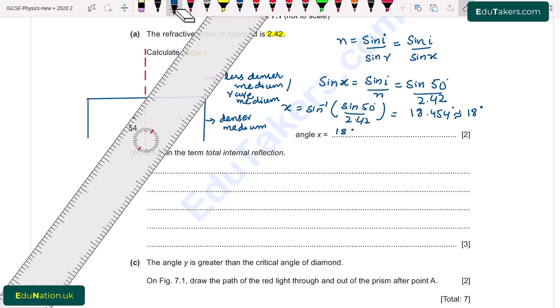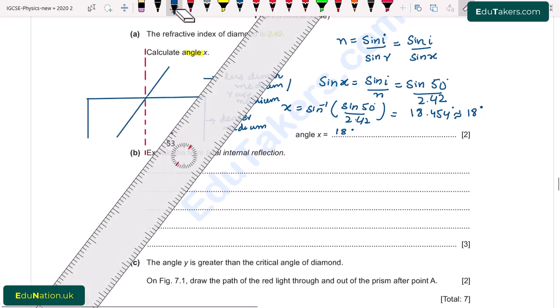I am drawing the incident ray, and then it will refract. It will go just like this. Now you can see that this is the angle of incidence i.